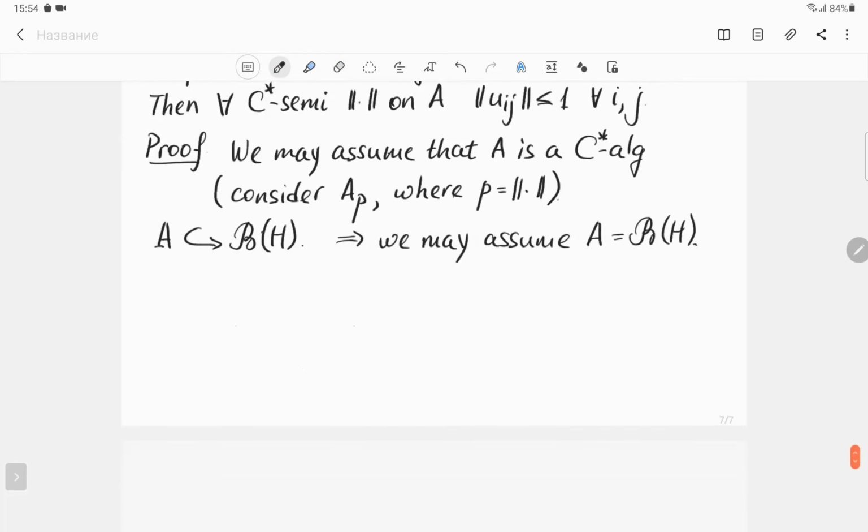Okay, so u is a unitary matrix in M_n of B of H. And M_n of B of H is nothing but the algebra of bounded operators on H to the power n.